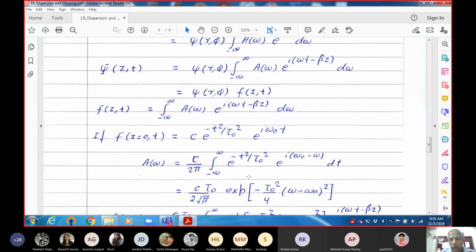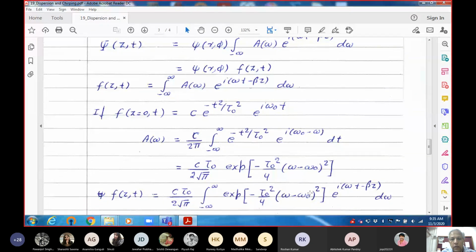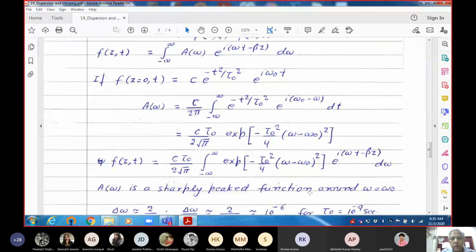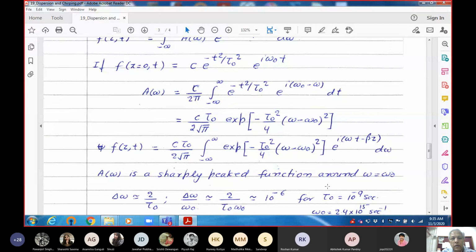So if I now calculate A(omega), up to this point there is no approximation. A(omega) comes out, and the Fourier transform of a Gaussian function is again a Gaussian function, and it is like this. So now if I calculate the pulse shape at the later distance z, I substitute it here, and this integral would be like this.